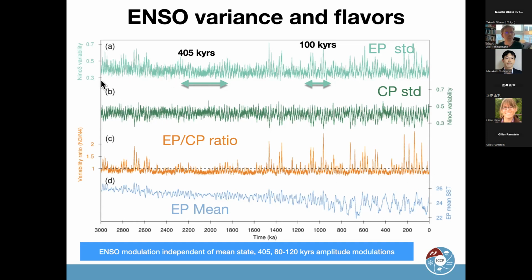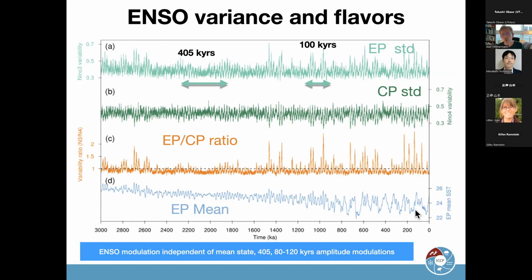And one thing that is quite clear, you see the precessional cycle is the dominant feature, but the precessional cycle itself is amplitude modulated by the 100,000 years as well as by the 400,000 years. So again, the 400,000 year dominant eccentricity forcing starts to creep into our data, in particular in the early Pleistocene.